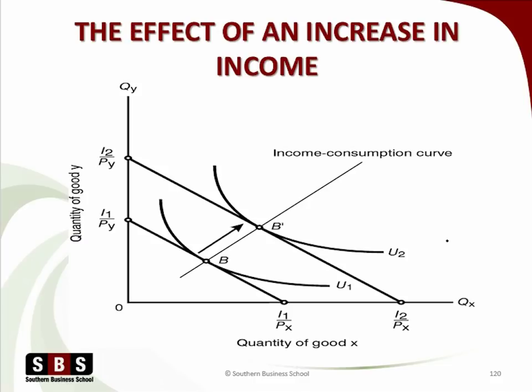And that's what I said: if you get two budget lines with two indifference curves, you get the price consumption curve. Now you may be asked to show graphically what the effect of a change in income will be on the indifference curve. The budget line, as we said, will shift parallel.